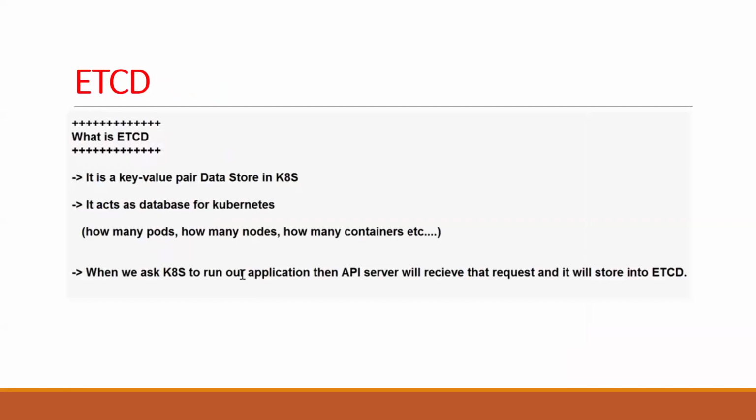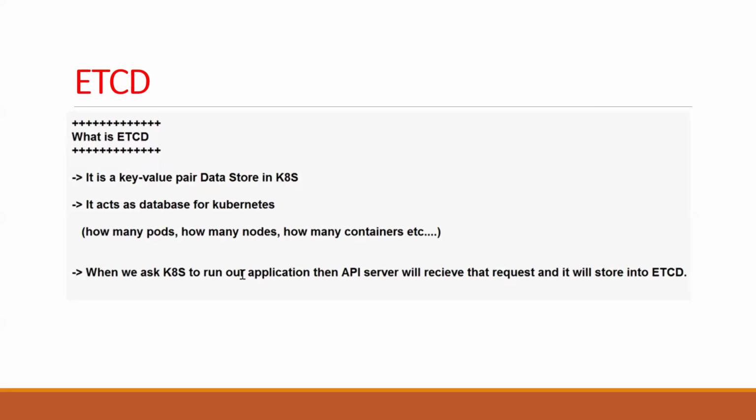Okay, so what is etcd? etcd is a key-value pair data store in Kubernetes. It acts as a database for Kubernetes. How many pods, how many nodes, how many containers are running: where will that information be available?